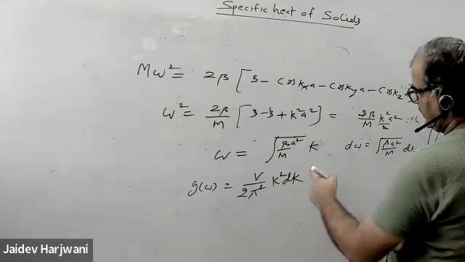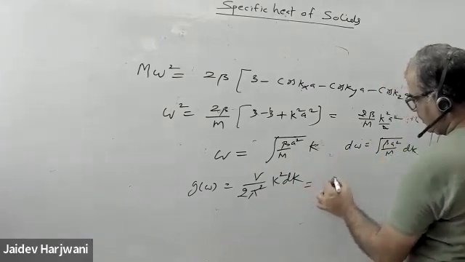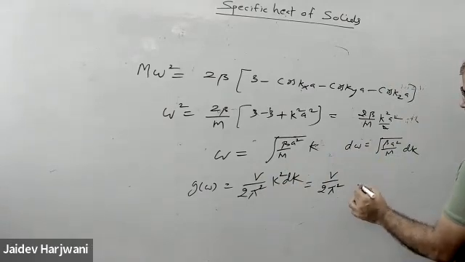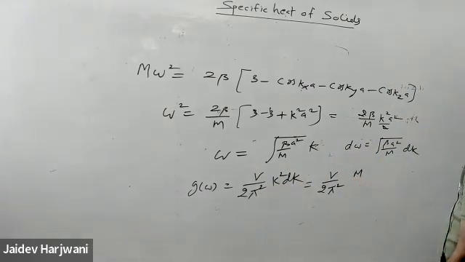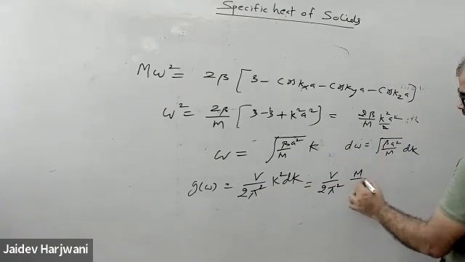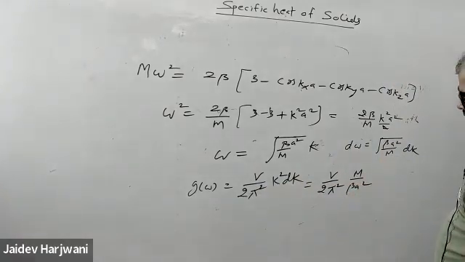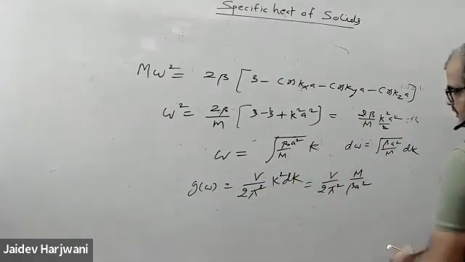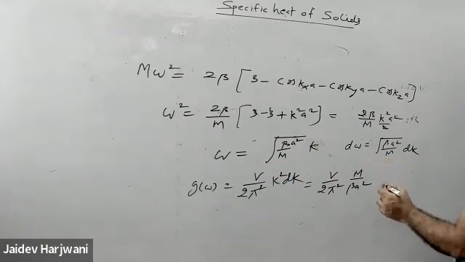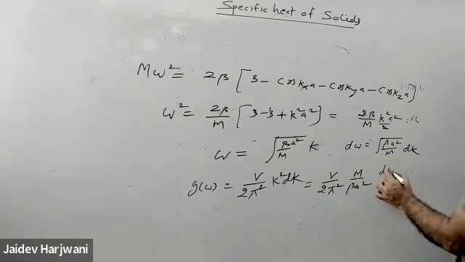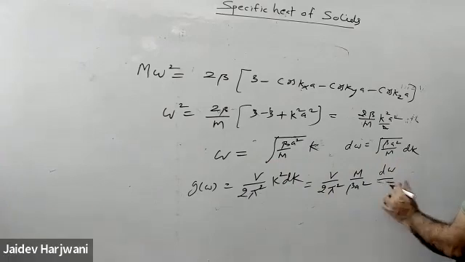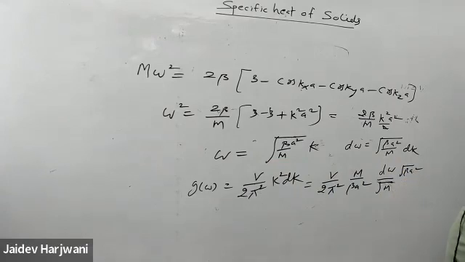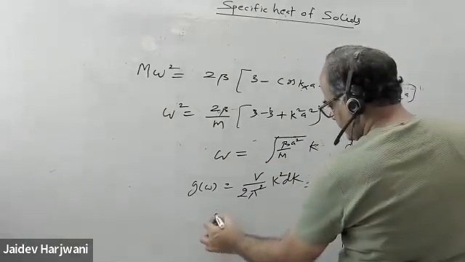And k value you can get here, so you will get V upon 2 pi square, k square value will become m upon beta a square. And you want dk also, so dk will be d omega upon under root m under root beta a square.